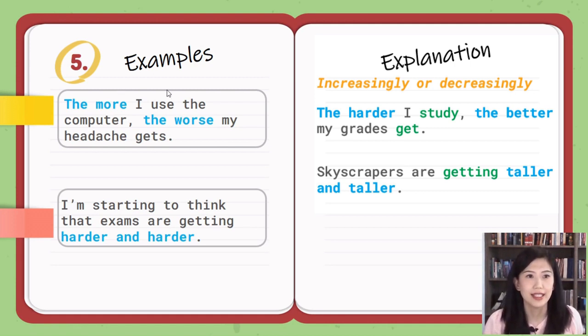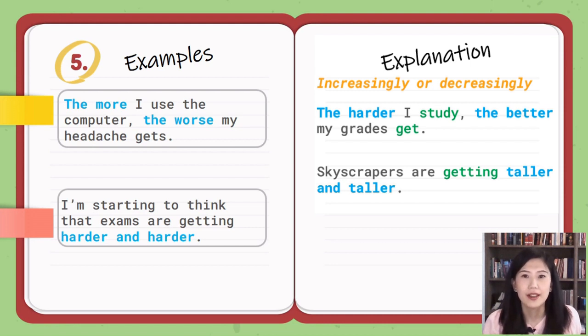The first sentence here talks about cause and effect. When something happens in the first part, something else changes in the second part. So as you can see, both these examples are talking about increasing or decreasing qualities.